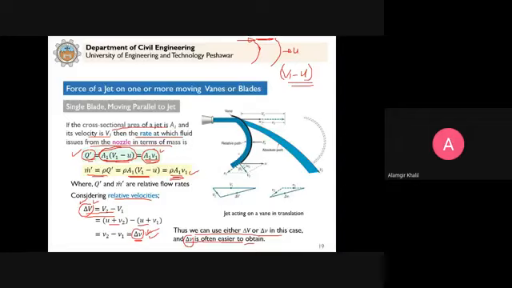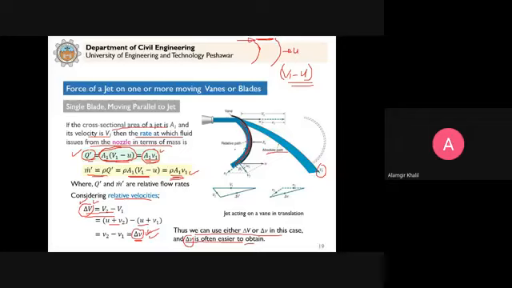Now in this case, what appears? The relative path. This is the relative path, because what appears to us is that the jet of water moves in this path here. So this is the relative path, clear? This is the absolute path. So the absolute path followed, we have the absolute velocity, clear?